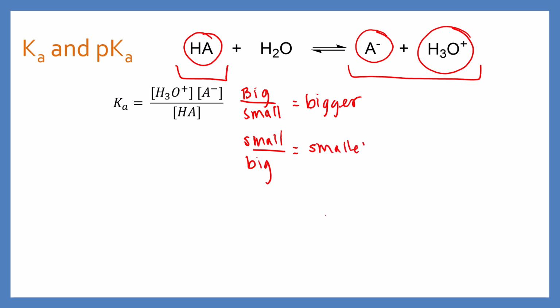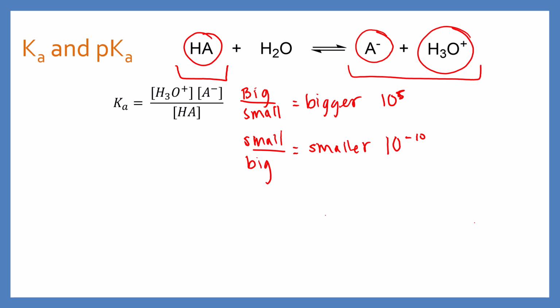The reason this matters is that these big numbers can be on the order of 10 to the 5th, and these small numbers can be on the order of 10 to the -10th, or even bigger numbers in this exponent. As you move into pKa, you're taking the negative log of these values.